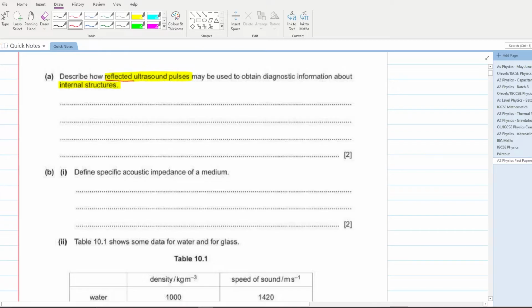So, how are reflected ultrasound pulses used to obtain information about internal structures? Very, very easy.